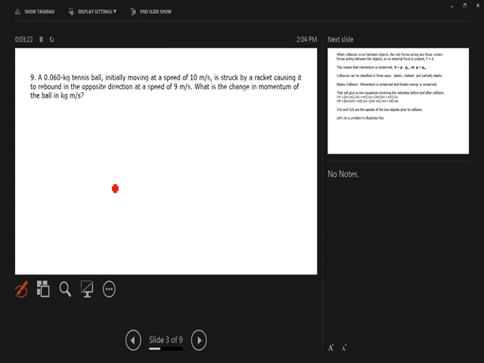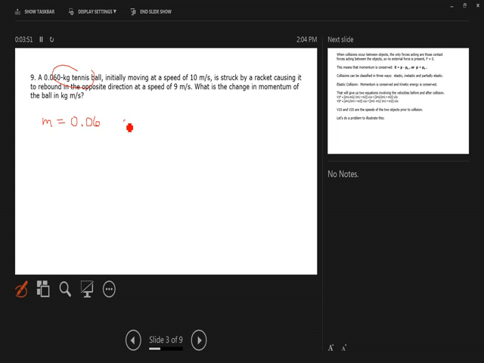So let's take a look at an impulse momentum problem on number 9 in your homework. Notice we have a tennis ball, okay, 60-gram tennis ball, and it's moving at 10 meters per second.